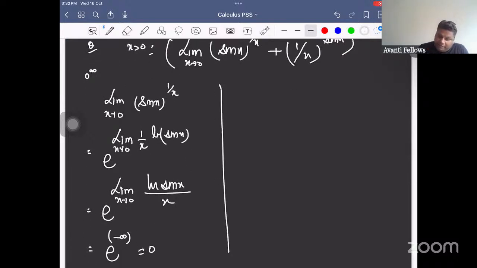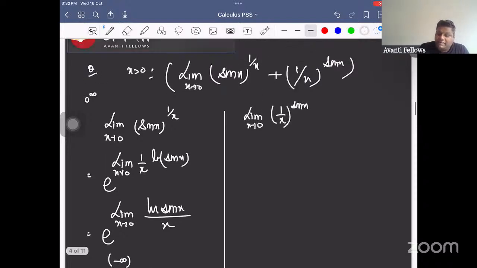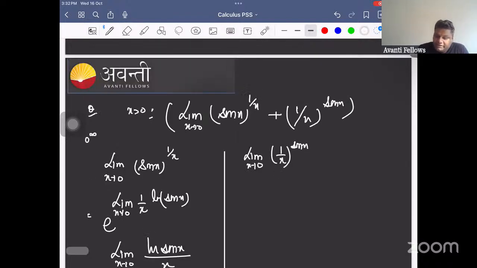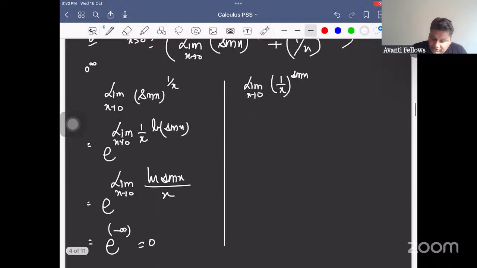Now come to the second part of the problem, that is limit x approaches to 0, 1 by x to the power sin x. Now see, it is very clear. Since x is 0, it is infinite to the power 0, which is a proper indeterminate form. Now it can be written as e to the power limit x approaches to 0, sin x into ln of 1 upon x. Correct?